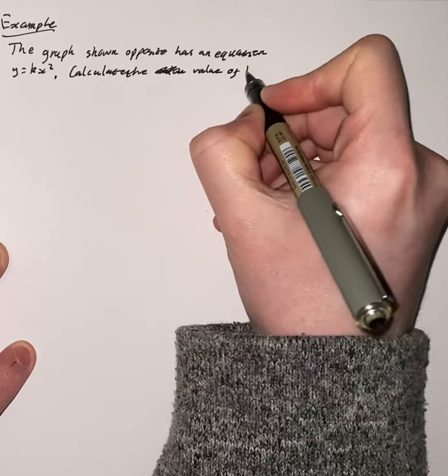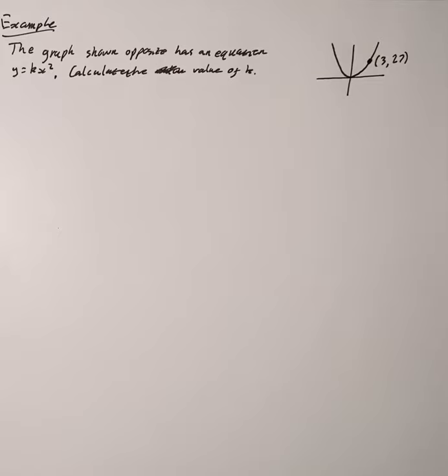And you'll typically be given something that looks like this, okay? And you'll be given a coordinate point on the graph. So you can see there that our graph is going through the point 3, 27, okay?